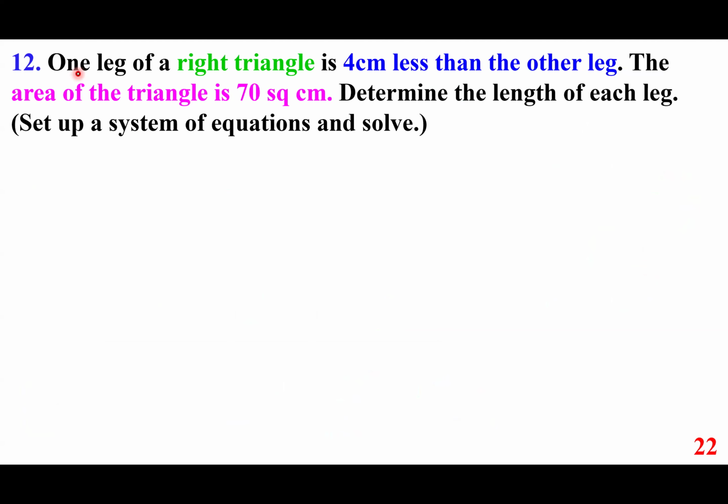One leg of a right triangle is 4 centimeters less than the other one. The area is 70 square centimeters. Determine the length of each leg. Well, as to the drawing, it makes it easier. So here's a right triangle.